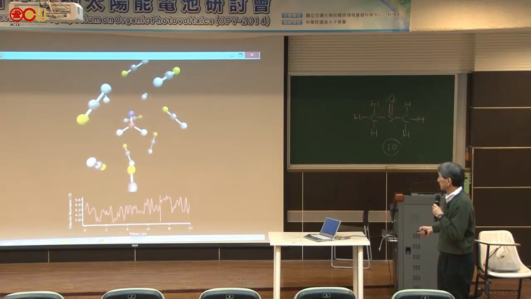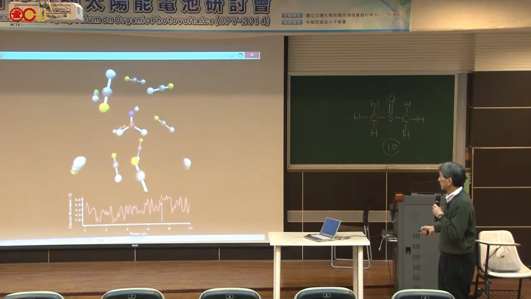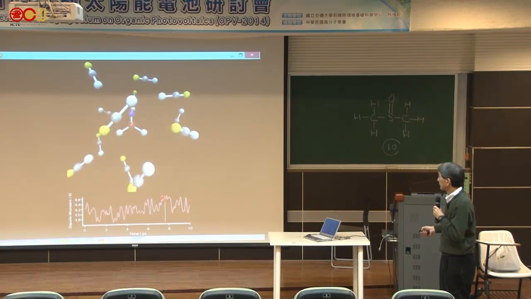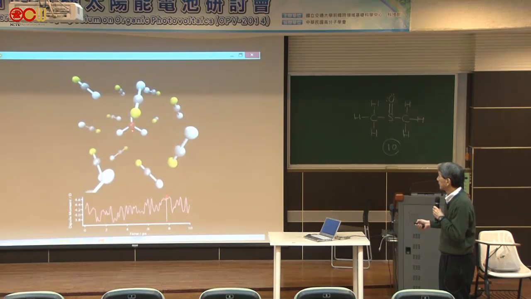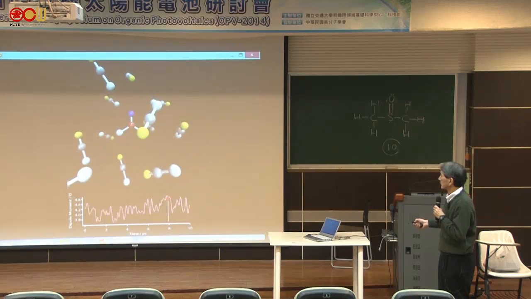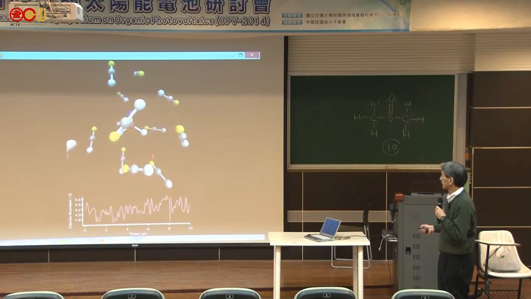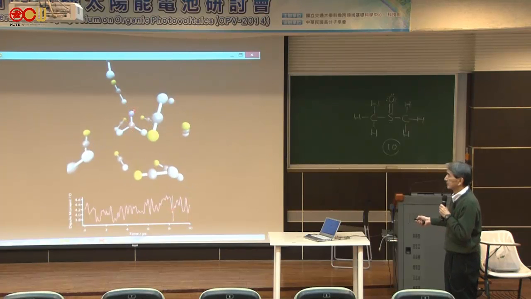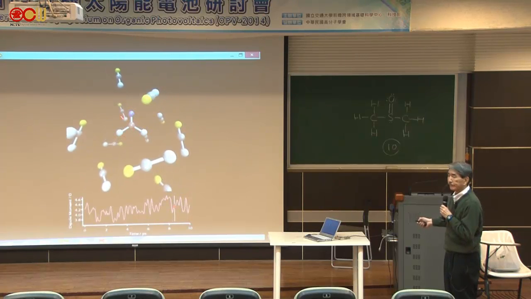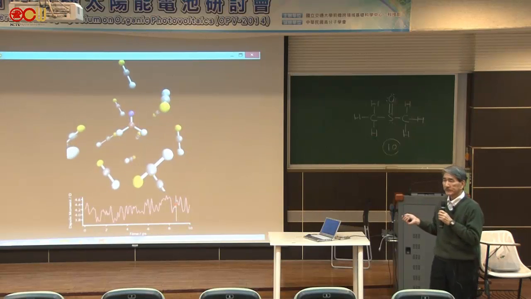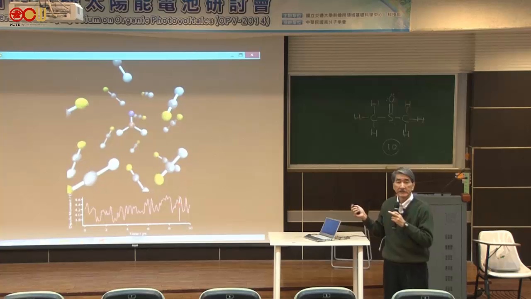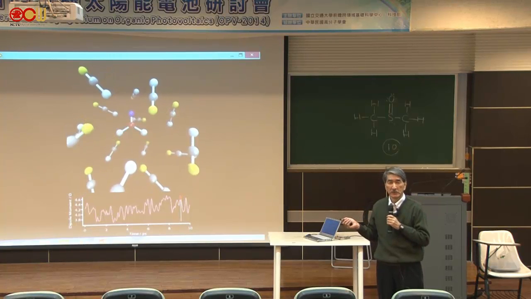The red one shows the value of the dipole moment. Here you have a very big dipole moment, shown in red and blue, so plus is here and minus is here. And then if it comes down, then it's neutral. That is caused by the fluctuation of the solvent surrounding the molecule.